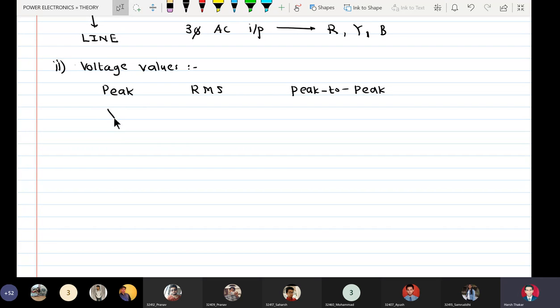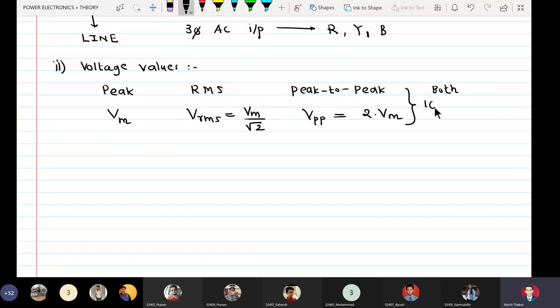Peak value is represented as VM, RMS as VRMS and peak to peak as V peak to peak. Understand that V peak to peak is equal to 2 times VM and VRMS is always equal to VM by root 2. This applies to both single phase and three phase systems.